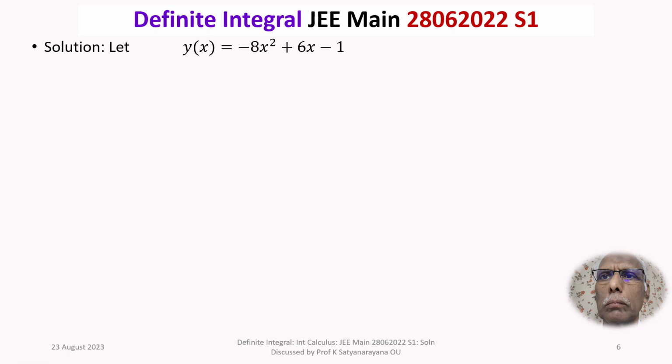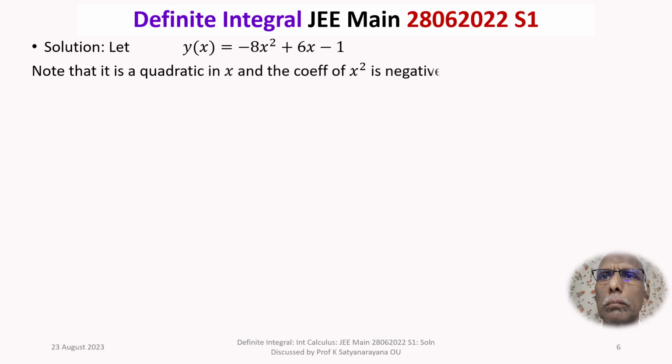Notice that y(x) is a quadratic in x and the coefficient of x², that is the leading coefficient, is negative, that is -8. Therefore, this represents a parabola opening downwards.